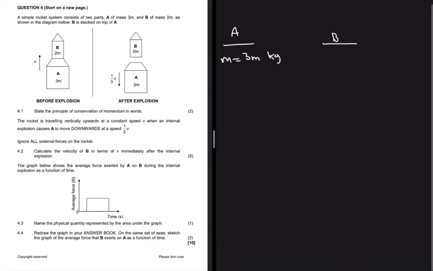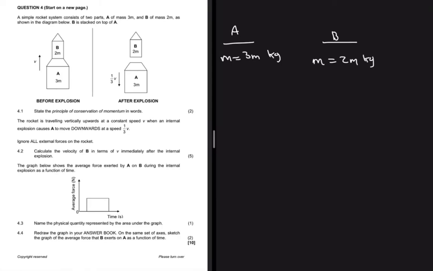As shown in the diagram below, B is stacked on top of A. Before the collision, B is on top of A, and then after the collision, A is going down, and B keeps on going up, I'm assuming.